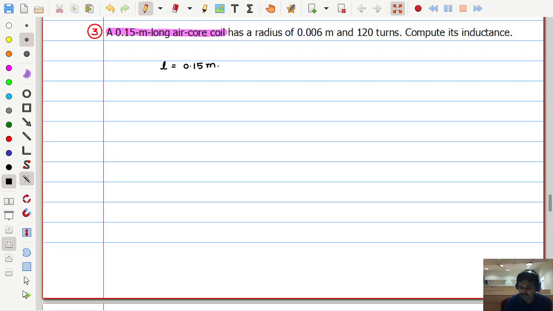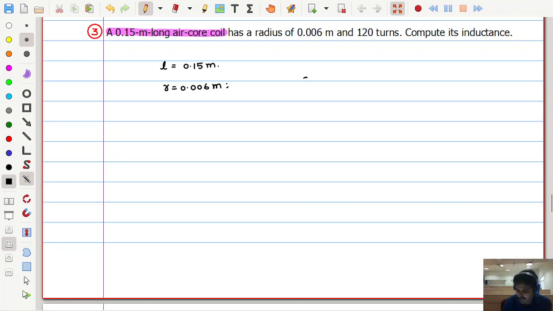Air core means just simply like a plastic pen might be chosen to form the coil. That plastic is not a conductor, so we call it an air core. If any iron piece is chosen, we call it an iron core. Clear? So here the radius of the core is 0.006 meters.